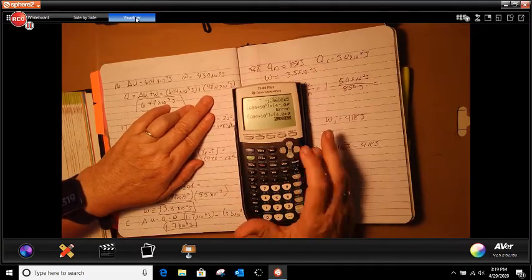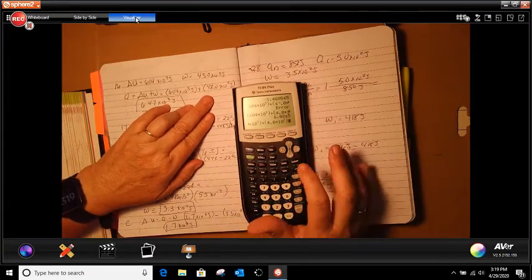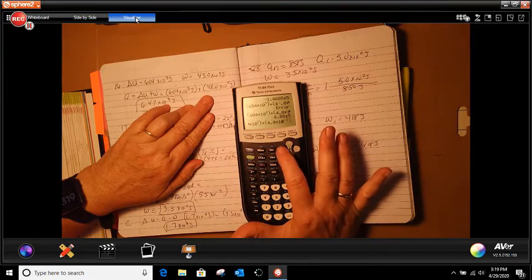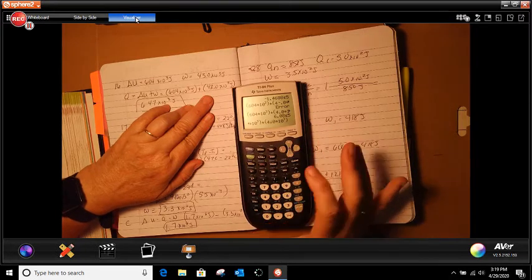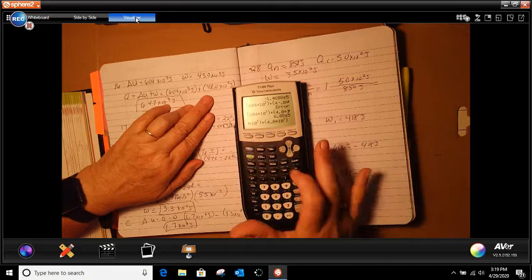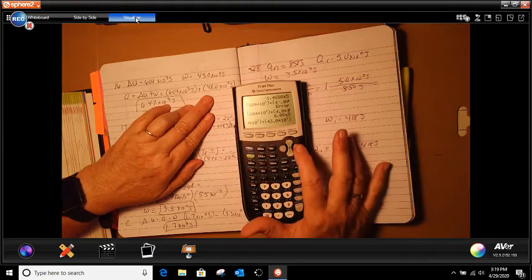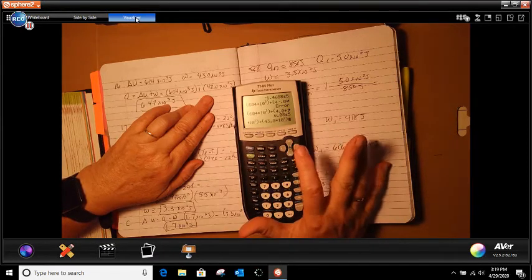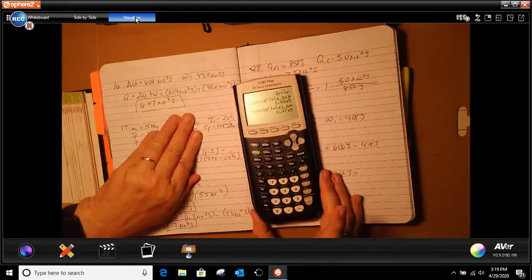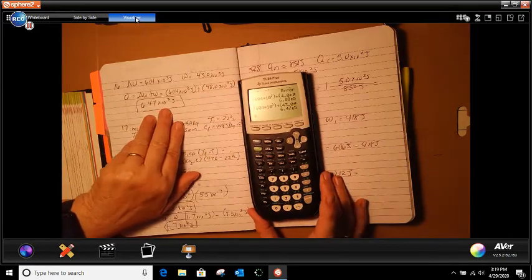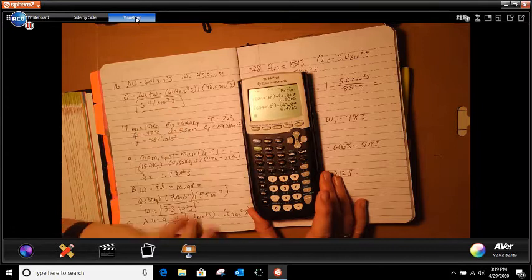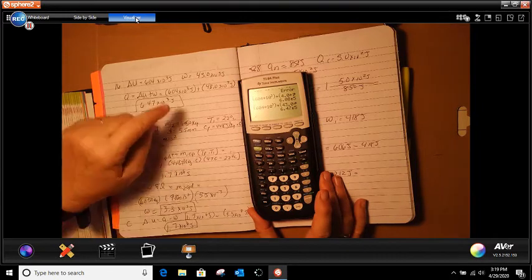So let's go back up, hit enter, and that's supposed to be 43. So we need to insert a 3, enter, and now we get 6.47 times 10 to the 3rd power.